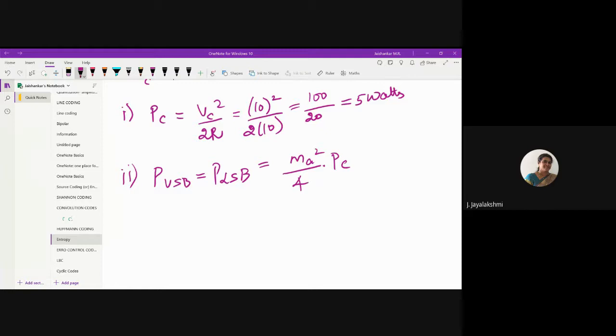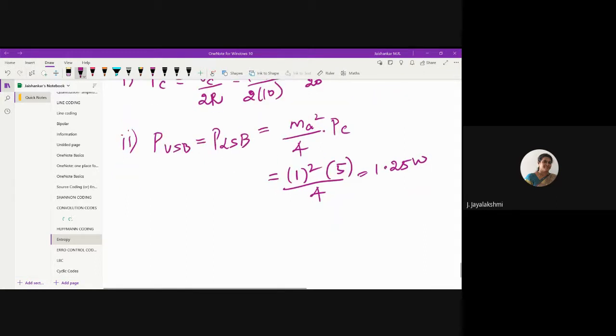The modulation index is 1, and the carrier power we just found is 5, so 5 by 4 is 1.25 watts. So the upper sideband is 1.25 watts and the lower sideband is also 1.25 watts.